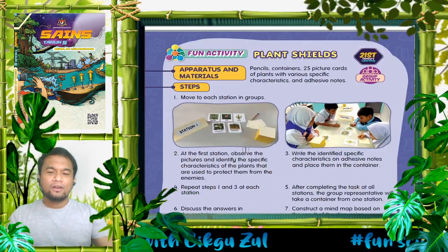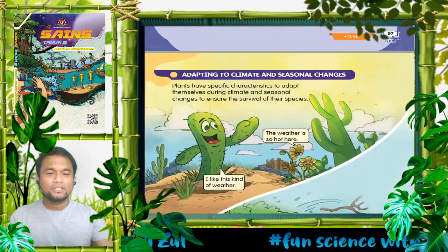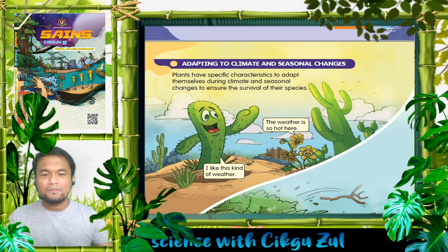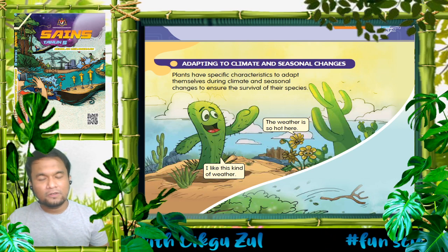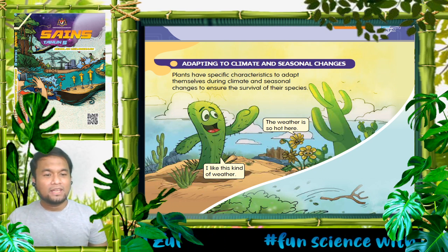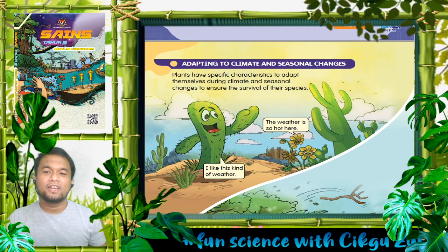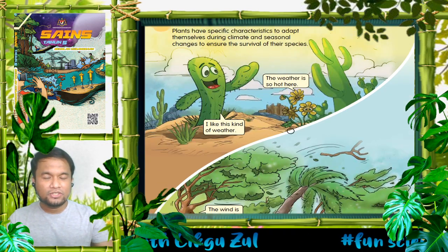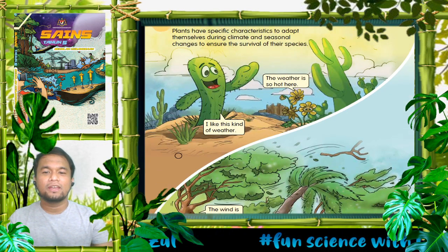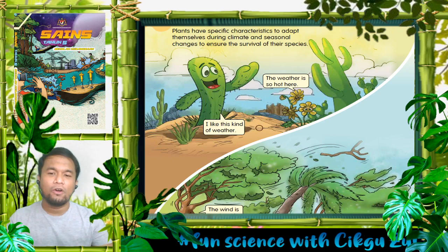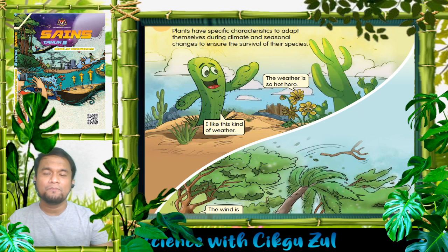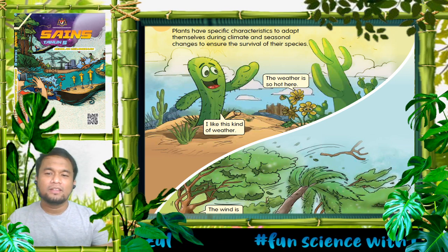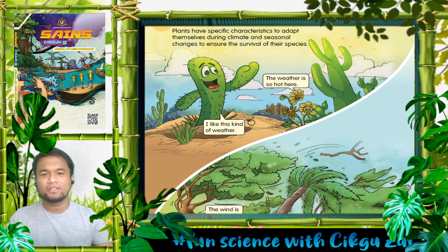Okay, now we are going to explore how plants protect themselves and survive against climate and seasonal changes. Okay, so if you can see in this picture here, there are two situations. In the first situation, this is a hot desert. The situation is hot and it looks like a dry region, isn't it?